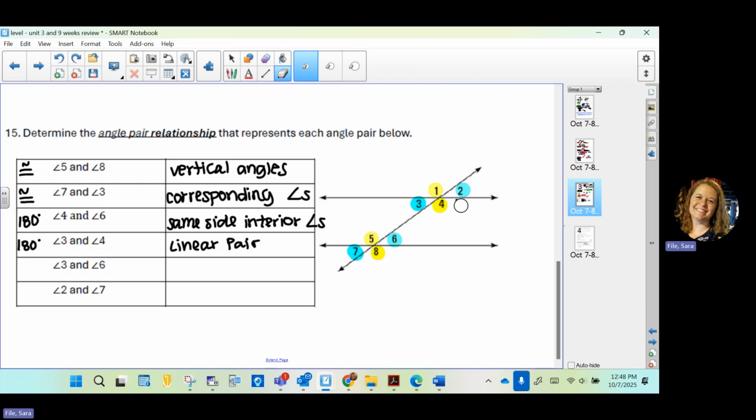All right, let's see, 3 and 6. So 3 to 6, those are both blue, so those should be congruent to each other. They're both in between the parallel lines, so they're interior, but they're on opposite sides of the transversal. So this one is alternate interior.